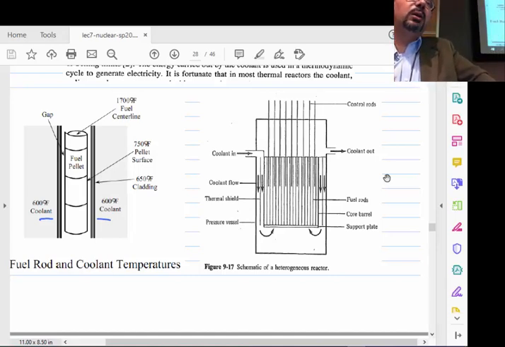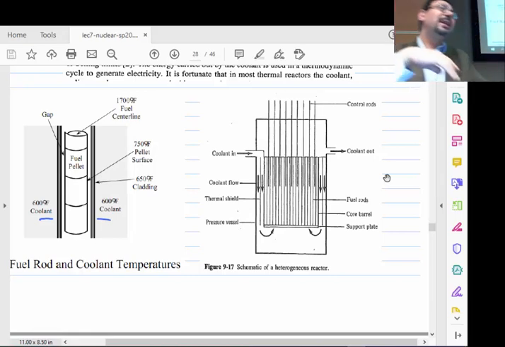Let's build a wall to protect the reactor from the tsunami wave. Okay, how high? Let's make it 7 meters. That's good enough for our design. No wave will come bigger than 7. No, it came at 13. And so the wave came, basically flooded everything, and everything shut down.